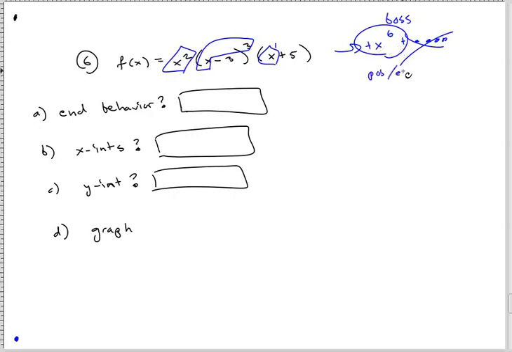Positive even. And so he's going to be rising on the left and rising on the right, and some wiggles in the middle. I don't really care about the wiggles. I'm only caring about rise left, rise right. So end behavior, depends on how the program's going to ask it, but you could say rise left, rise right. Of course, that would be multiple choice.